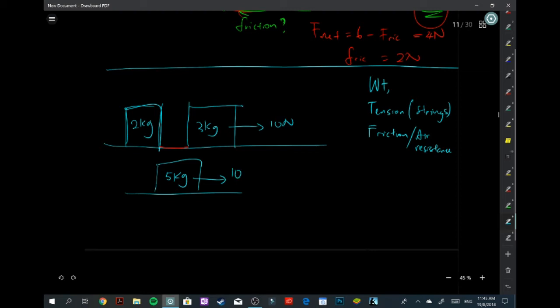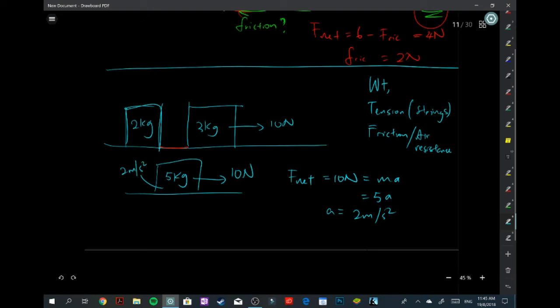Let's say there's no friction to not complicate matters. Seriously, it's just like this. So F net equals to 10, equals to MA equals to 5A, so A equals to 2 meter per second squared. In other words, this thing is 2 meter per second squared.